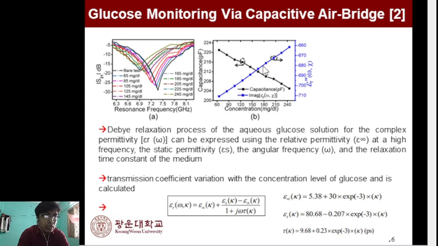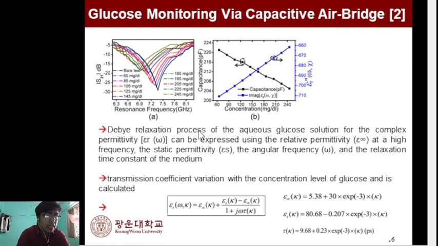The blue one is, the black one is the capacitance. With the decreasing of the capacitance, the concentration decreases; the capacitance is proportional.